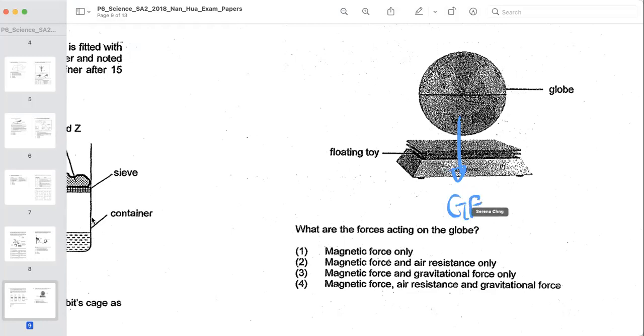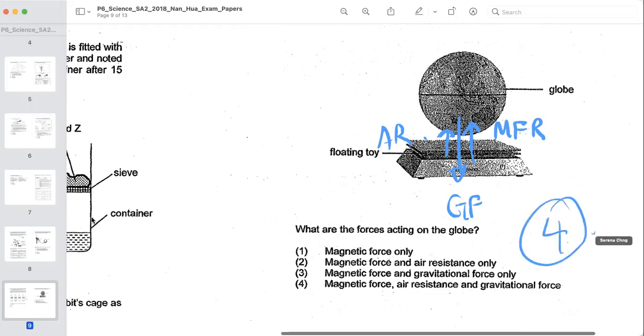Magnetic force of repulsion is acting upward. And because the gravitational force is trying to pull it downwards, there must also be this air resistance to oppose this tendency to move downwards. So there's this air resistance too. So answer will be option 4.